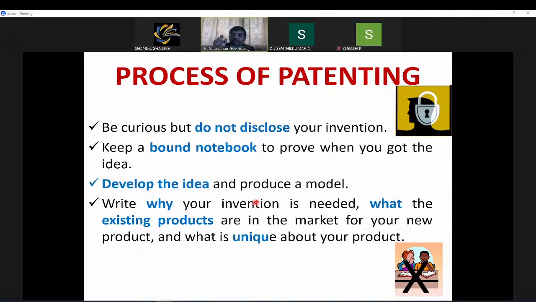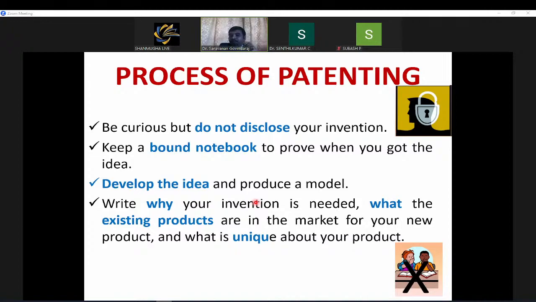Why is your product needed? Is it necessary? If that product is already available at a cost of 10 rupees, and your product costs 100 rupees, what is the use? No use in that case. But if an already available process or product costs 1,000 rupees, and you invented the same product by a different process and the cost comes to only 100 rupees, in that case there is an economic point.